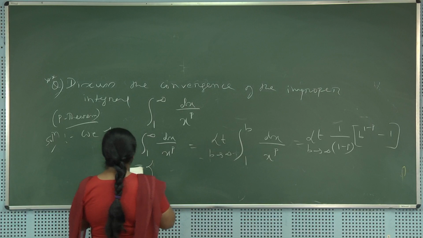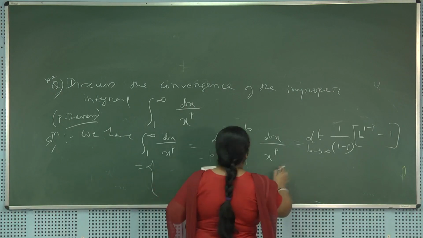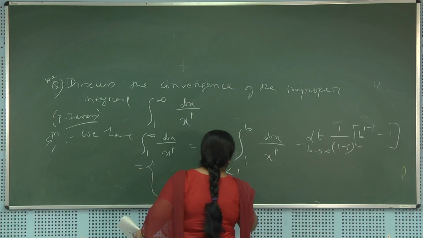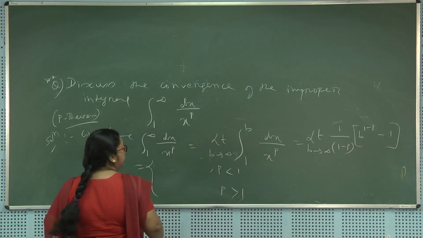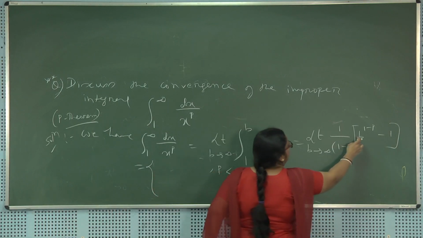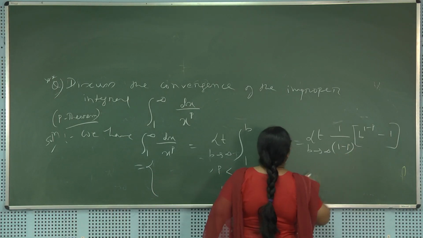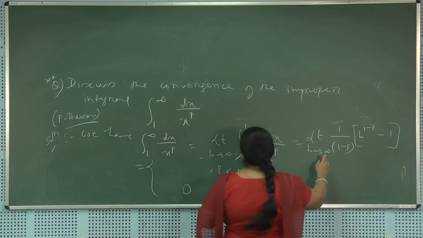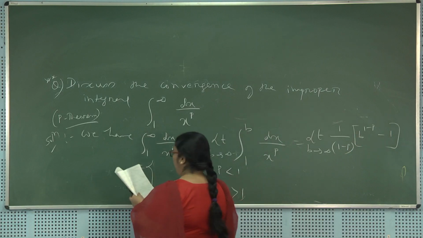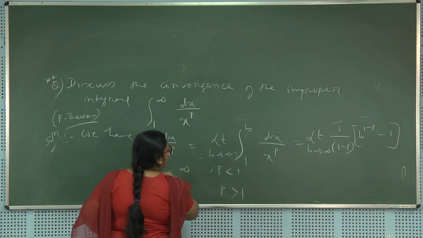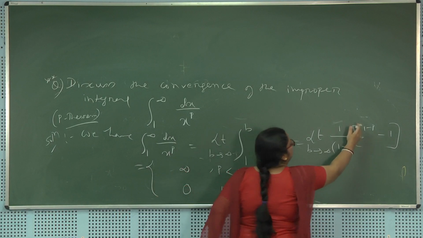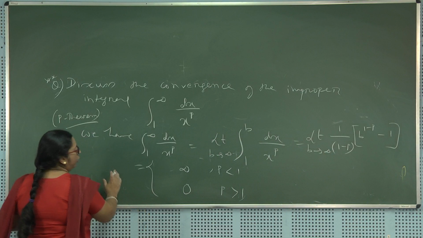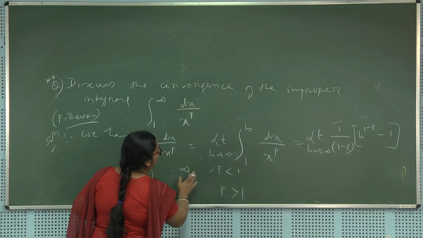If p is greater than 1, this will come in the denominator, so the whole thing will become 0. And if p is less than 1, then what will happen? This will become infinite, because if you put the limit, this will become infinite. So, therefore, I can say the given improper integral converges for p greater than 1 and diverges for p less than 1.